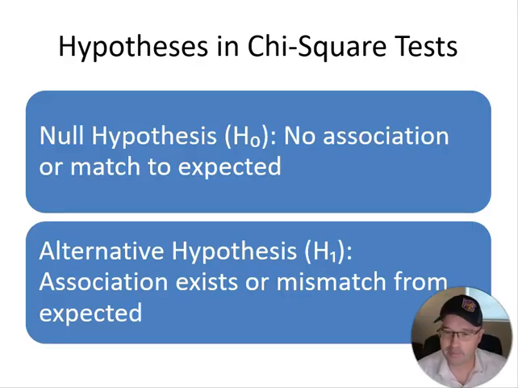Alternatively, our alternative hypothesis would be that there is an association, and there is a mismatch from what is expected. Remember, in the second type, the goodness of fit chi-square test, we're comparing the population with the observed or an expected value, and we suspect that there is a difference in the alternative hypothesis, a mismatch. I hope that's helpful.